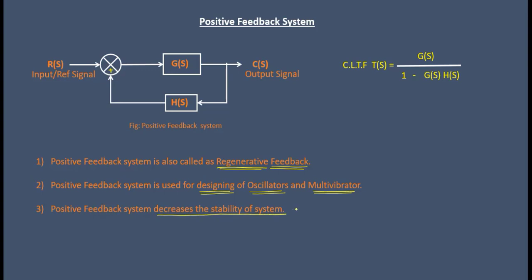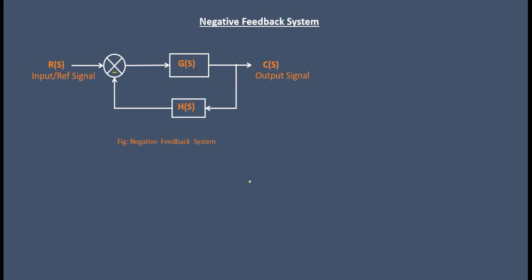Now, this is a disadvantage in control system. We have one full chapter on stability of a system. In that chapter, we will discuss stability in great detail. So because of this disadvantage, we use the negative feedback system.